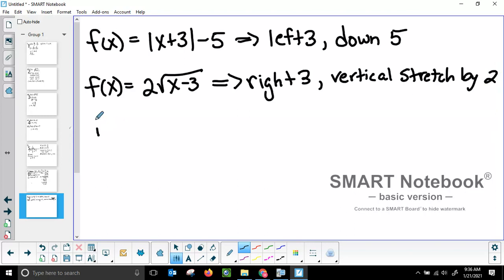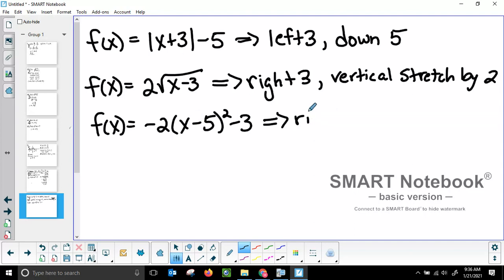C, we have f of x is equal to negative 2 times the quantity x minus 5 squared, all minus 3. Remember, technically, the order in which you apply transformations is the order in which you would do things according to order of operations. So first we would do things inside the parentheses, so this is going to go to the right 5. Then we would multiply by negative 2.